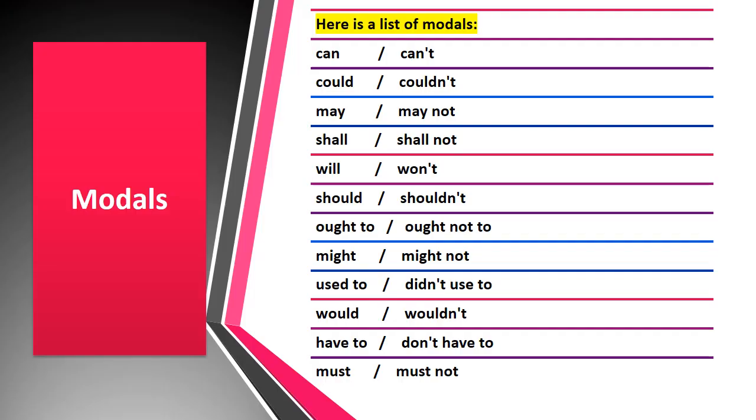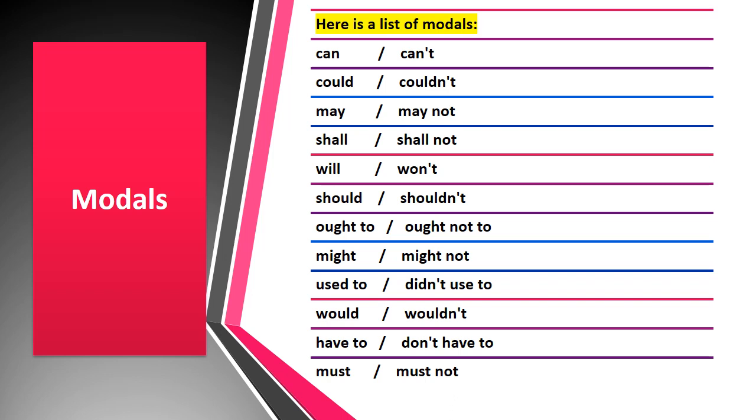Now students, here is a list of modals. So, in the positive sense, we use can, could, may, shall, will, should, ought to, might, used to, would, have to, has to, had to, must. This is a list of modal verbs.